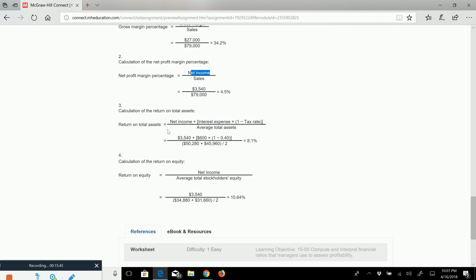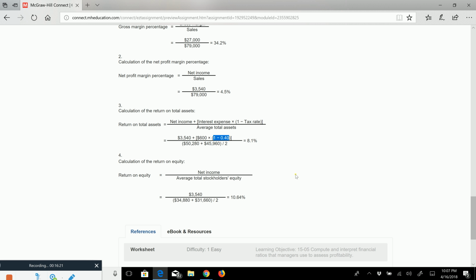Return on assets. This is a little bit more confusing, but follow the formula. Our numerator, we're going to take our net income, which you grab from the income statement, plus the interest expense times 1 minus the tax rate. The tax rate here is 40%. So that would be the interest times the 60% in this case, which is really 100% less the 40% tax rate.